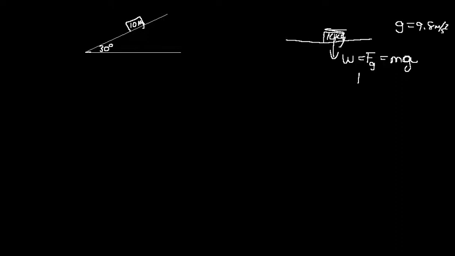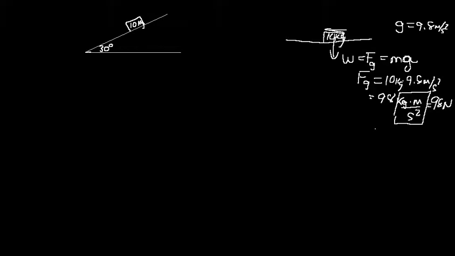So in this case, we said that the force of gravity was our mass, 10 kilograms, times 9.8 meters per second squared, which was then 98 kilograms times meters over second squared, which was 98 newtons, because a newton is a kilogram times meter per second squared. That's the unit for the newton.